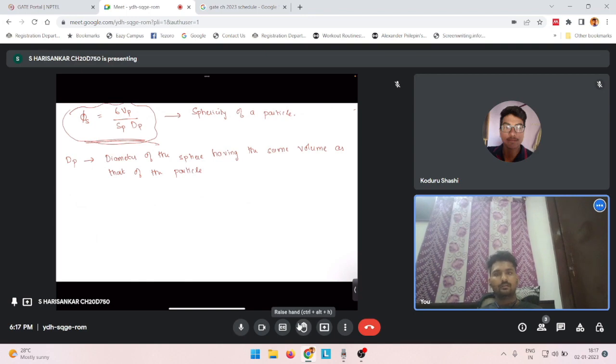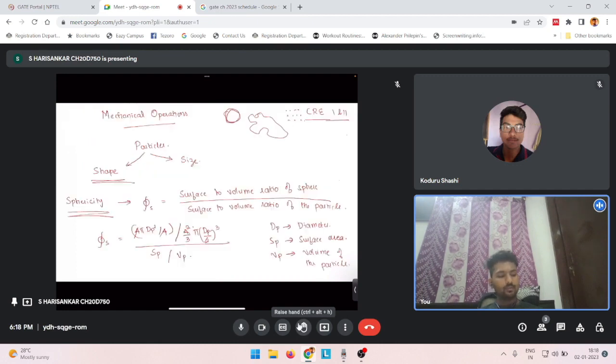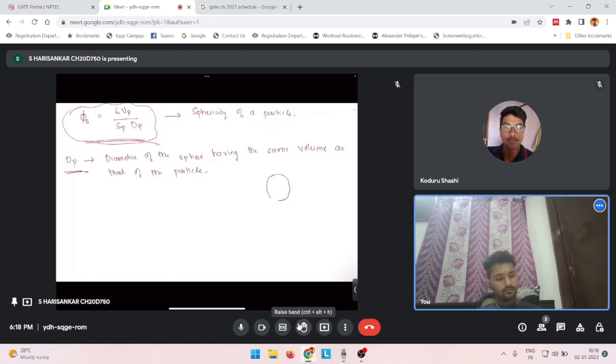So basically, the dP that we used here in both the numerator and denominator is the diameter of a sphere. Let's say this is the sphere. This sphere has the same volume as that of the irregular particle that we are trying to describe by using this sphericity, right? So this is 4 by 3 pi dp cube by dp by 2 and 2 cube, that is 8.